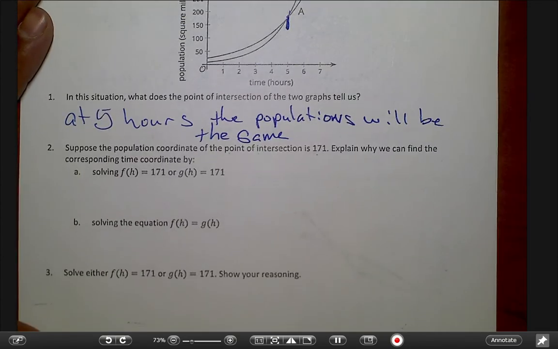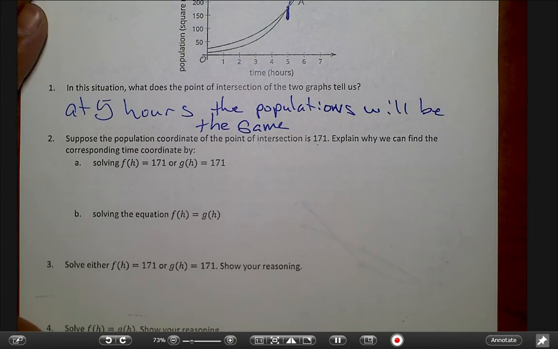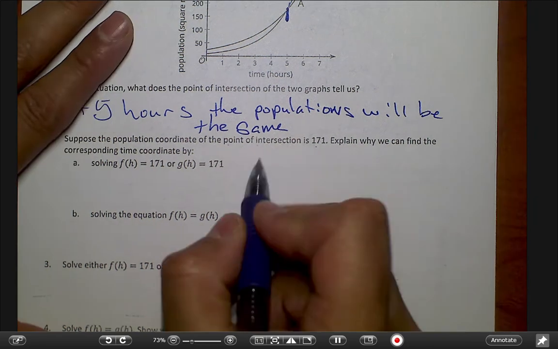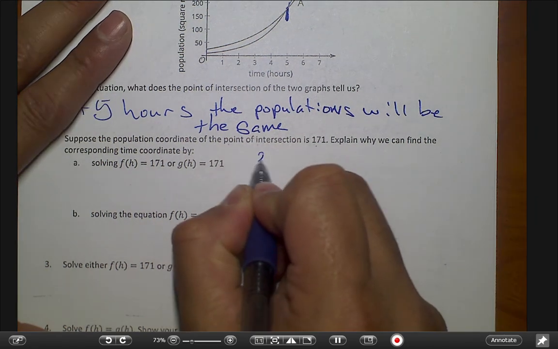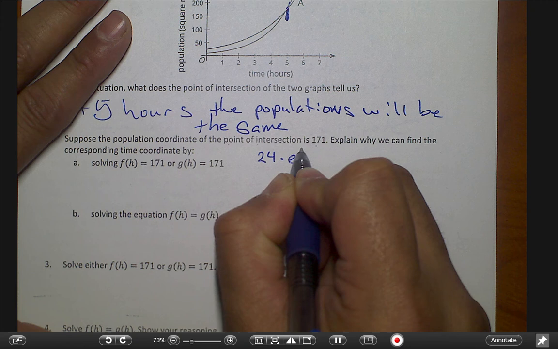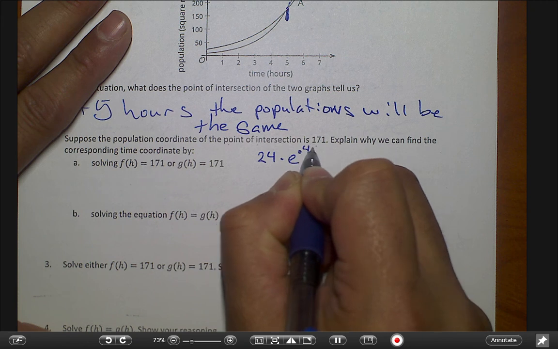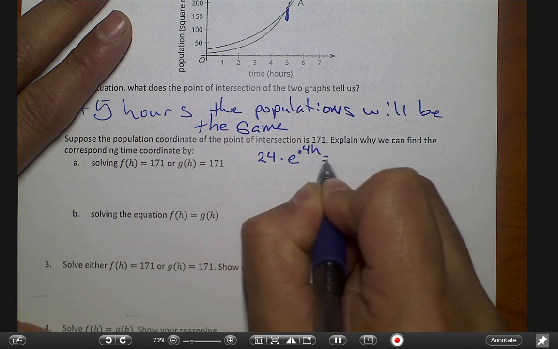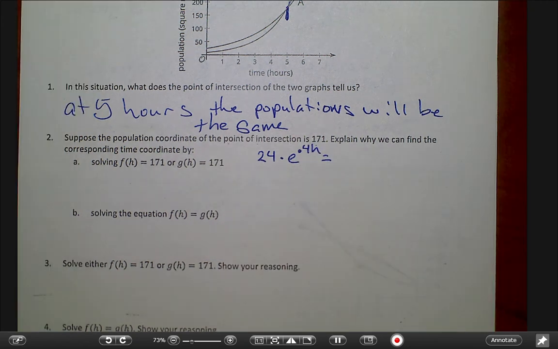So I'm going to start with the f of h. So my function for f of h starts off with 24 times e to the 0.4 h. And that right there, I'm going to set equal to 171, right? 171.